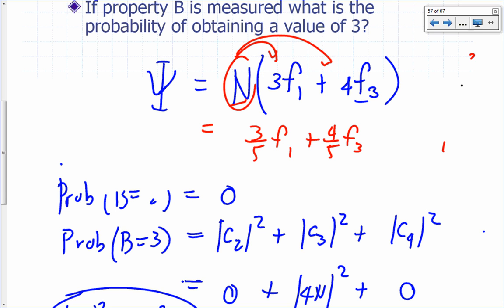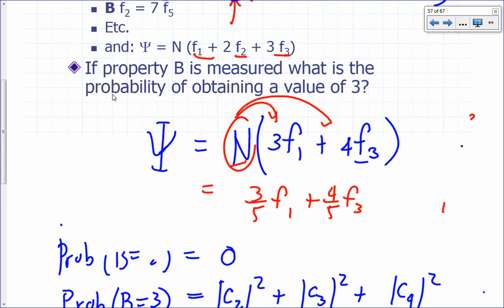So it could have been a negative 5 instead of a 5. Remember, our postulate says if you measure B, the only possible outcomes are the eigenvalues of operator B. Okay?